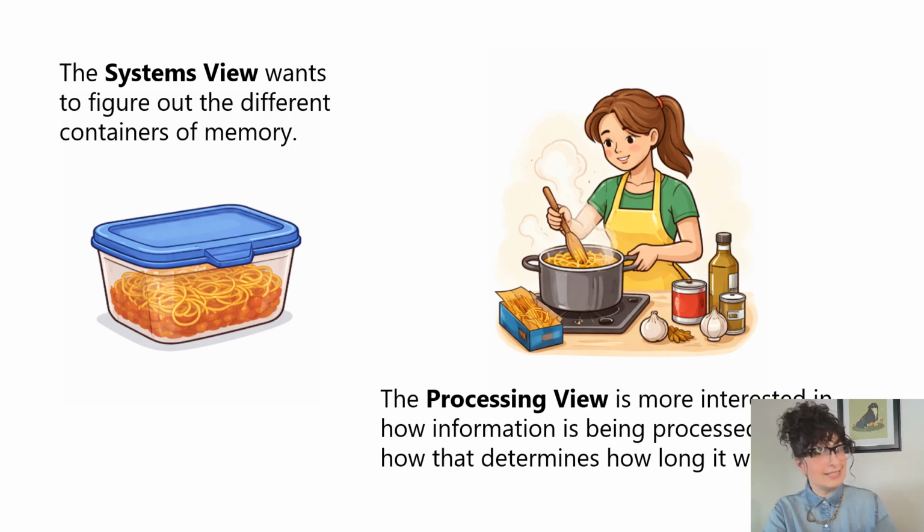If processing is deep and semantic, then information is more likely to be encoded into long-term memory. Capacity limits really reflect attentional limits rather than the boundaries of a structural memory store. So you can see these very distinct ways of thinking about memory. And we're really going to talk about this processing view, looking at how information is being processed and how that determines how long it will be retained.